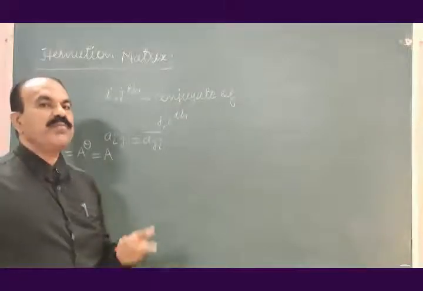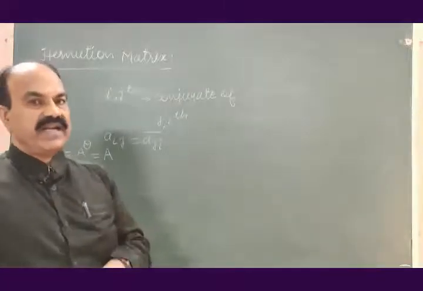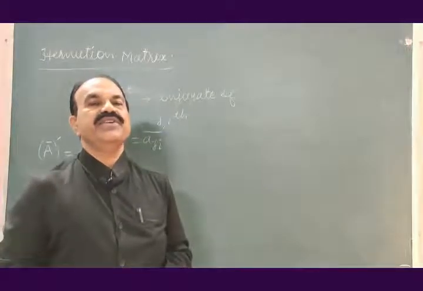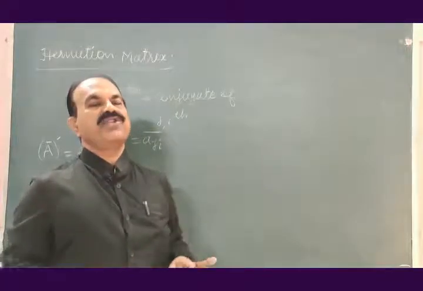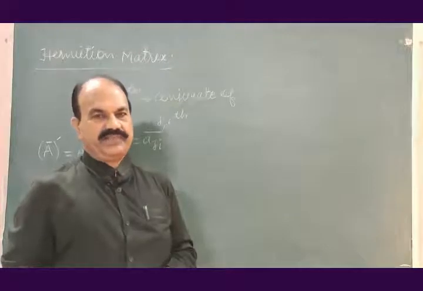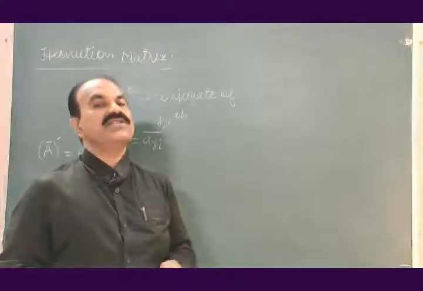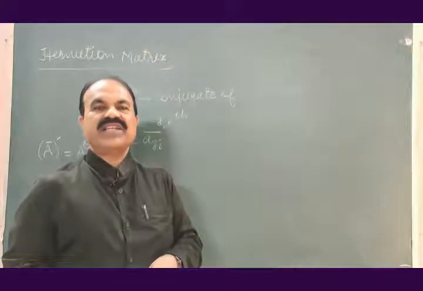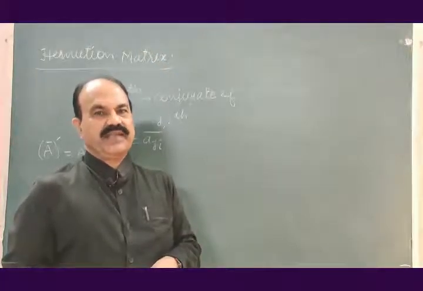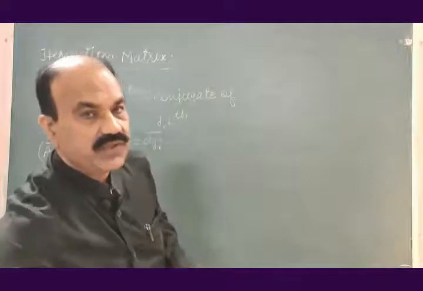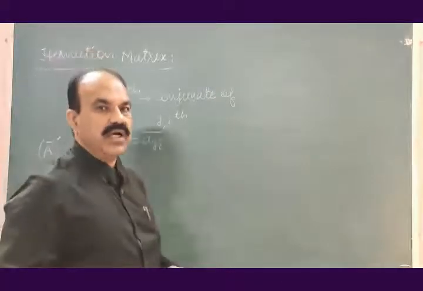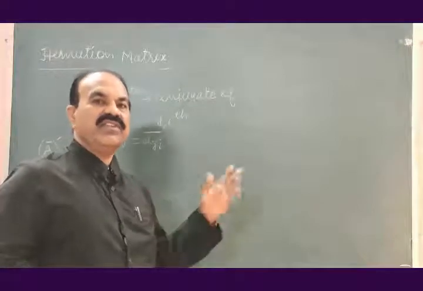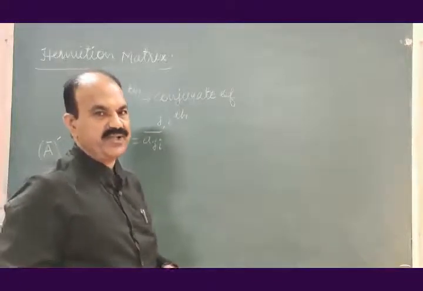If transpose of conjugate of a given matrix is the matrix itself, that matrix is known as Hermitian matrix. Let us see whether such matrices are present actually. For that, let us solve a problem so that we can verify whether the given matrix is Hermitian.